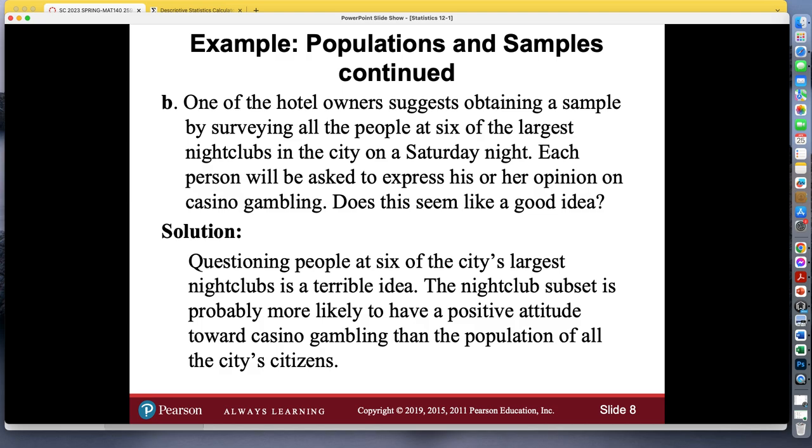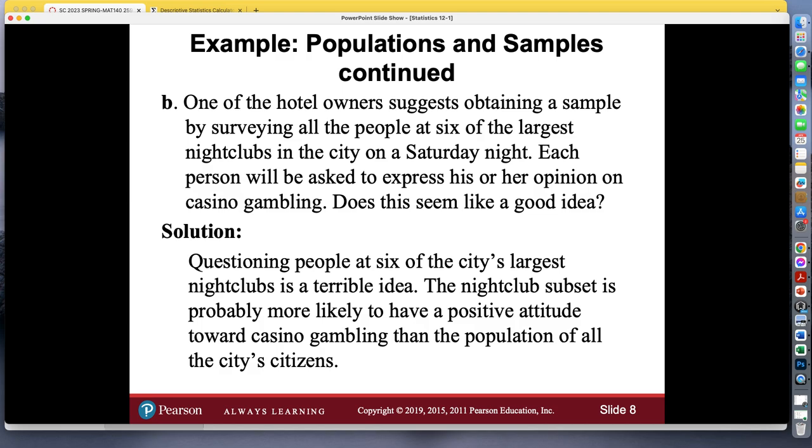It would certainly be representative of those who like nightlife. They might be very favorable to casinos. And again, that's what this says, that you're likely to have people who have an attitude towards casino gambling. But maybe that's what they want. So you've got to be careful about studies, because sometimes they do try to skew the results.